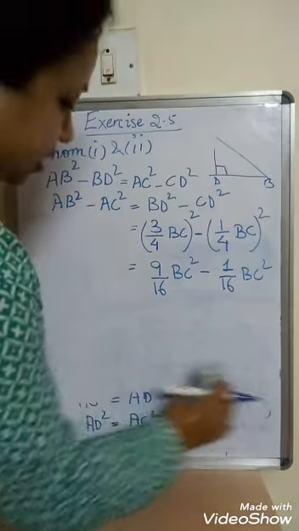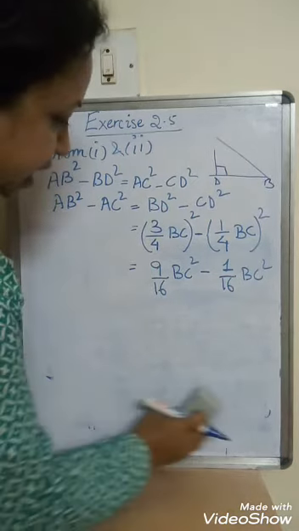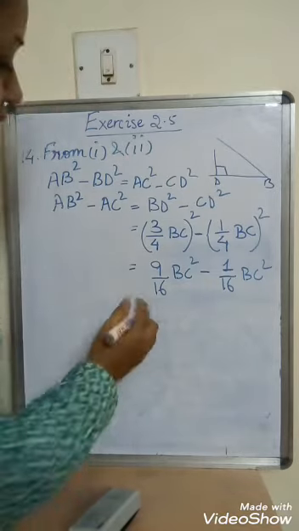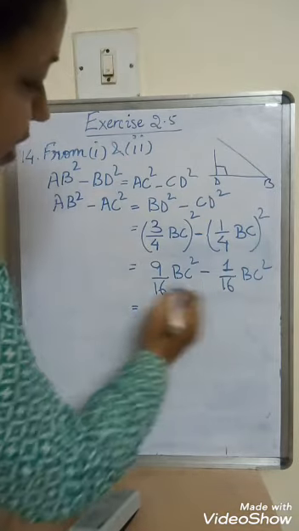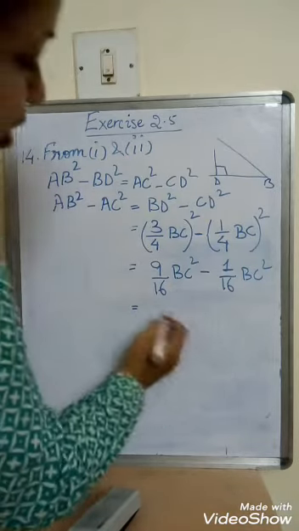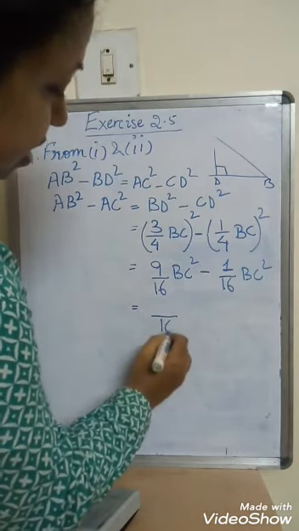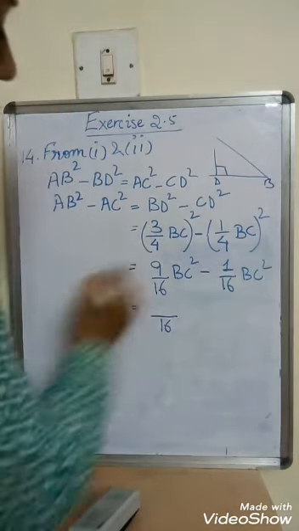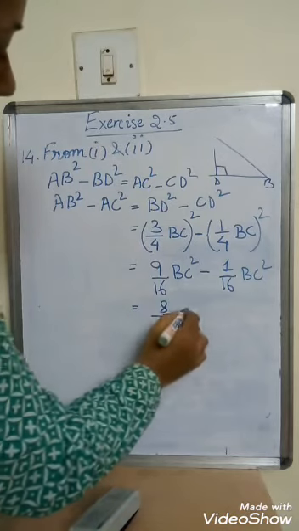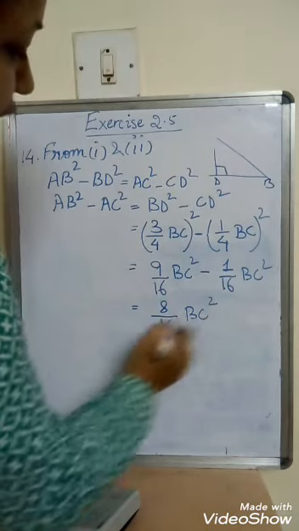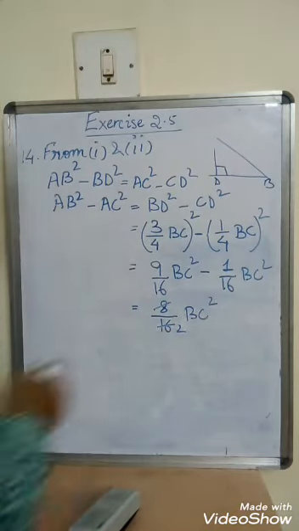Now when I solve this, what do I get? The denominators are the same, so the LCM will be 16 only, and 9 minus 1 is 8. 8 BC square by 16. Now 8 2s are 16.